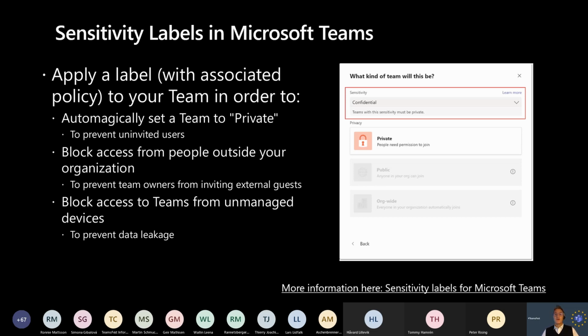For example, if you create a label named confidential in the Security and Compliance Center, and you configure teams so that any team that's created with this label must be a private team. When a user creates a new team and selects the confidential label, the only privacy option that's available to the user is private. Other privacy options, such as public and org-wide, are then disabled for the users.